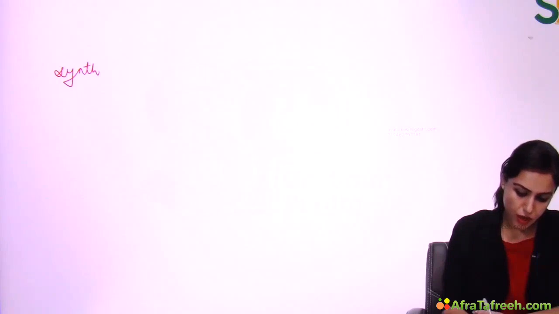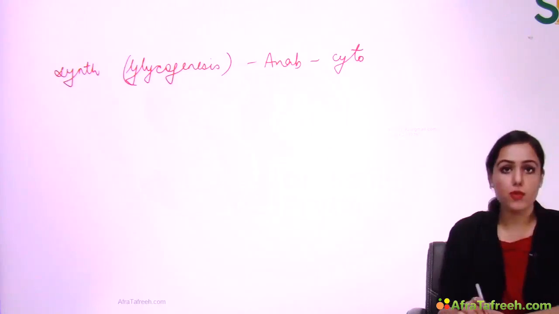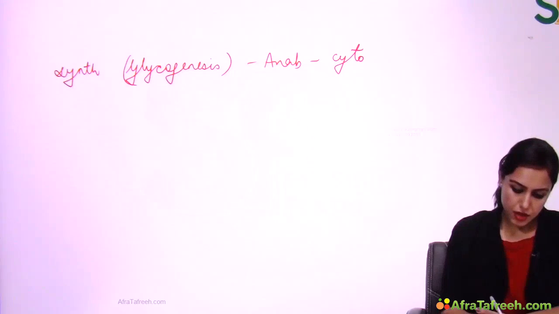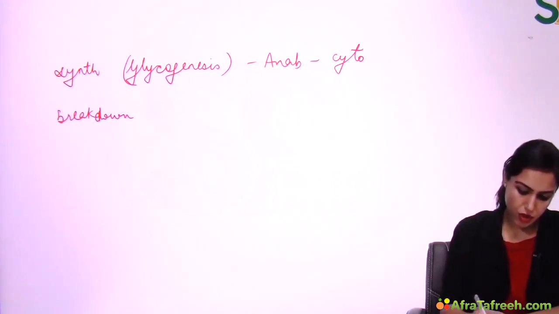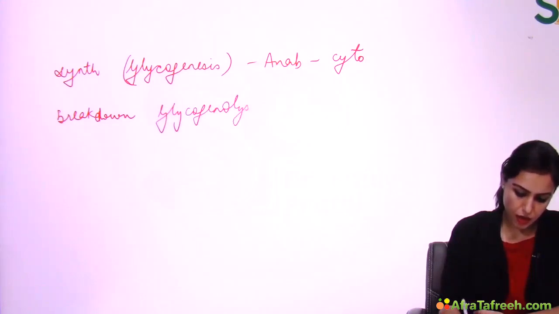Now glycogen synthesis is known as glycogenesis. This is an anabolic pathway. I told you anabolic pathways occur in cytoplasm, right? And glycogen breakdown, that is catabolism, is known as glycogenolysis. It is a catabolic pathway.